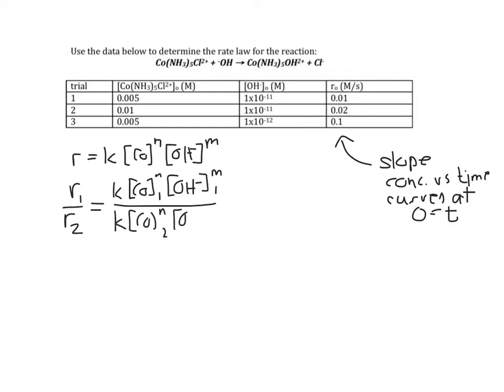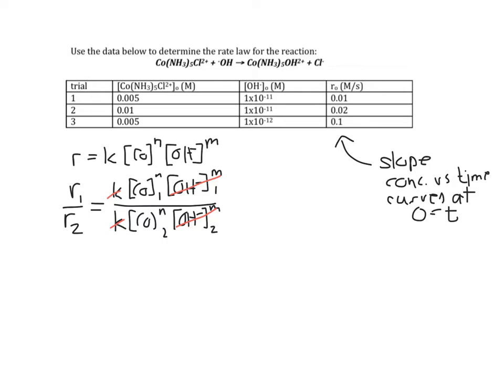And since the hydroxide, the OH minus concentration, is kept the same between the 2 experiments, and because the rate constant does not depend on the concentrations, it will be the same between the 2 different experiments. When we take this ratio, we can see that the rate constants factor out and the OH minus concentrations factor out, because for trials 1 and 2, the OH minus concentration is the same.